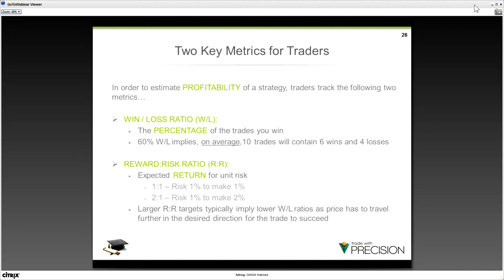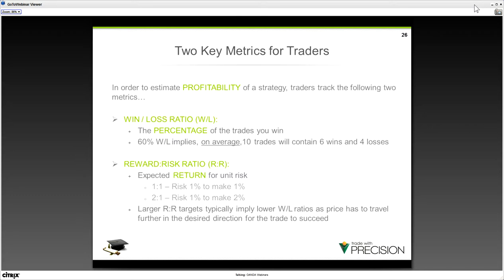Okay, so the second metric then becomes the reward to risk ratio, or the expected rate of return for a specified unit of risk. So for example, a 1-to-1 reward to risk, again, simply means that we're willing to risk, say, 1% to earn 1% or more on that trade. A 2-to-1 reward to risk means we're risking that same 1%, except we're looking to make at least 2% or more on that trade.